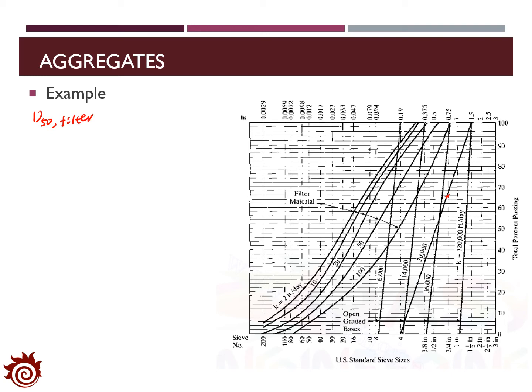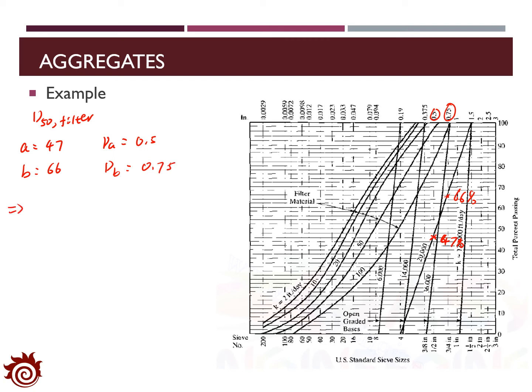Now we can apply the same process to find the value of D50 filter. From the figure, we can find two particle sizes, 0.5 and 0.75. Their passing percentages are 47 and 66. So we have A equal to 47, dA is 0.5, B equal to 66, dB equal to 0.75.